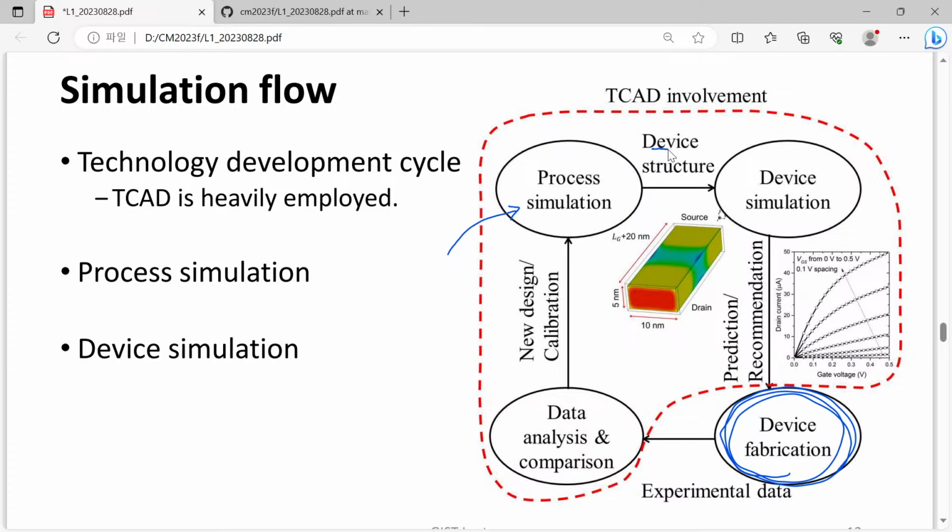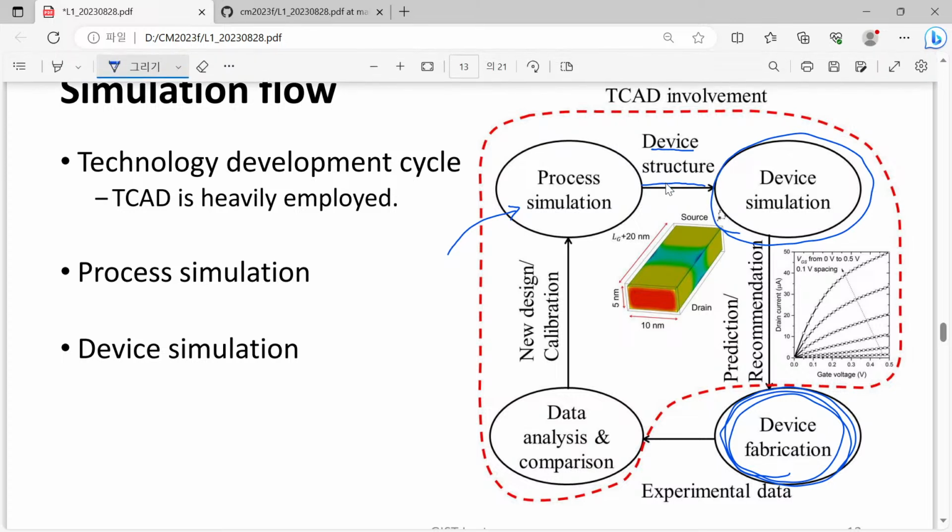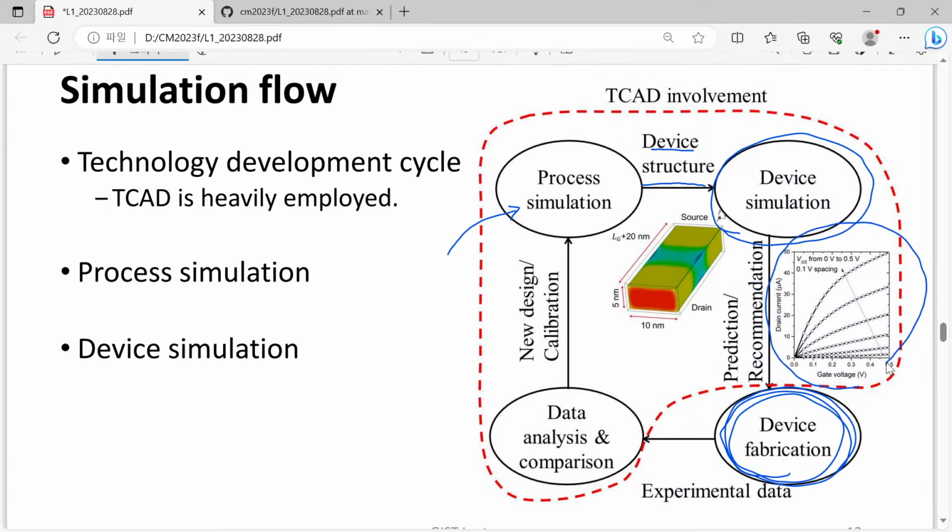Then this resultant device structure is handed over to the device simulator, and this device simulator, based upon the device structure, can predict the electrical performance. Electrical performance means that when you apply a certain voltage, how many amperes will conduct in this device. That is the electrical performance of our transistor.